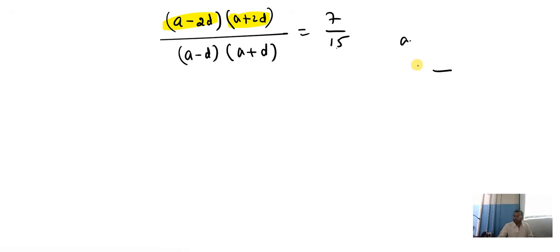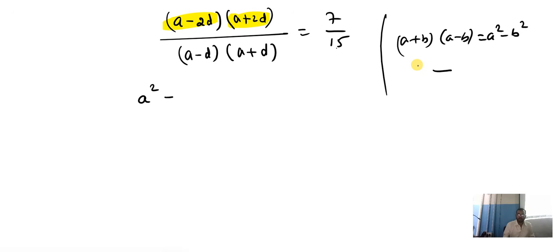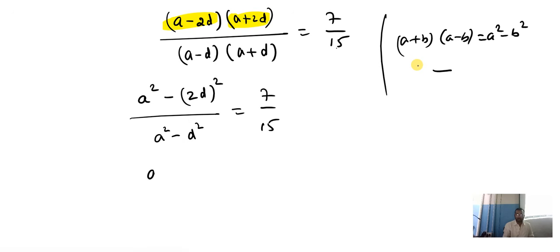We know that A plus B into A minus B can be written as A square minus B square. Here B is 2D, so it is A square minus 4D square, divided by A minus D into A plus D, which is A square minus D square, equal to 7 by 15.